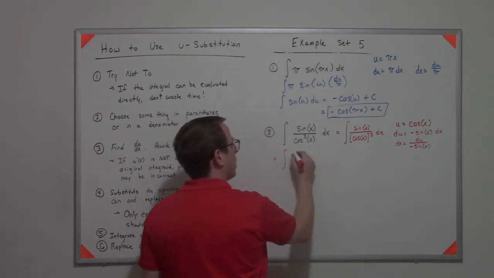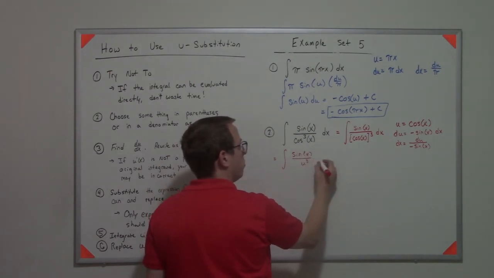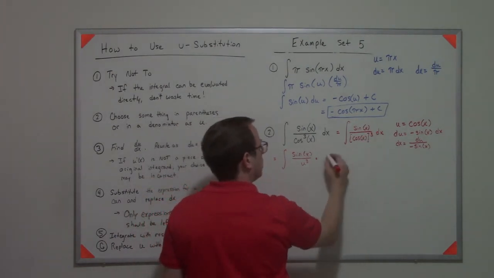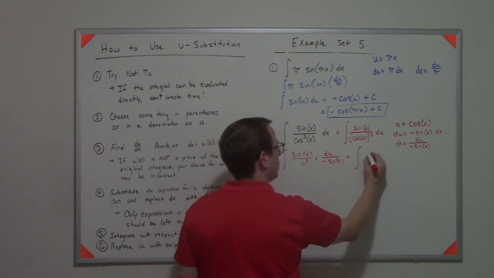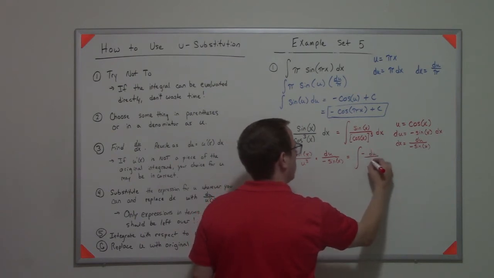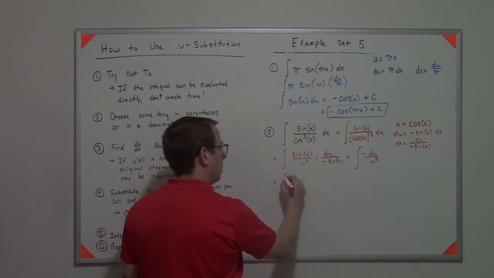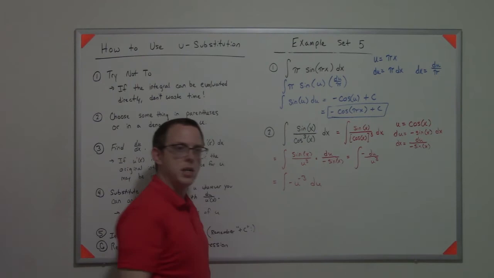So I have a sine of x over u cubed times du over negative sine of x, which is negative du over u cubed, which is negative u to the negative 3 du.